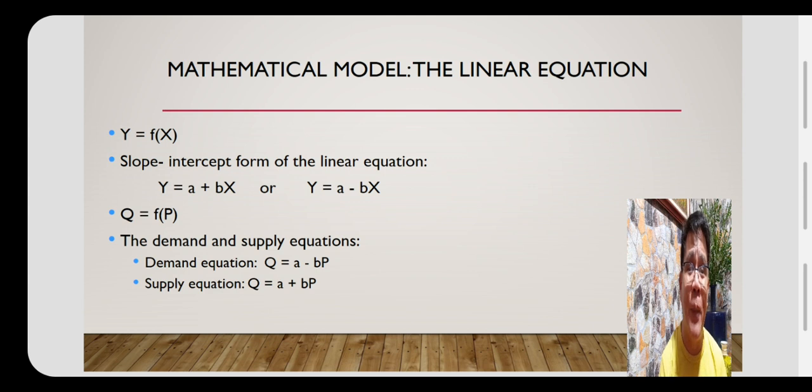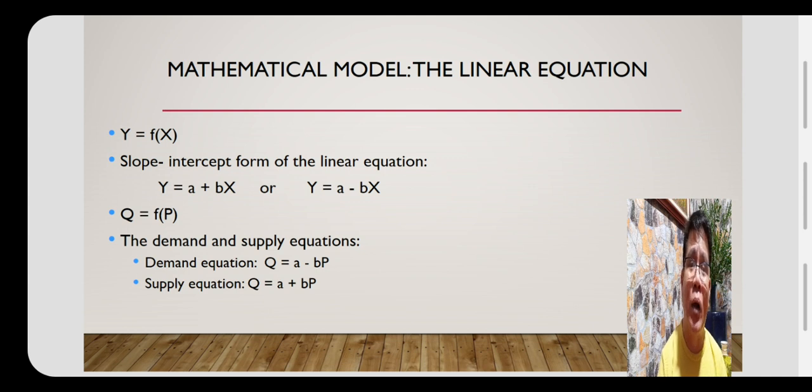Y is our dependent variable. So therefore, A is the y-intercept. Take note, whatever is our dependent variable, A is the intercept of that dependent variable. Since Y is our dependent variable, A is therefore the Y-intercept.